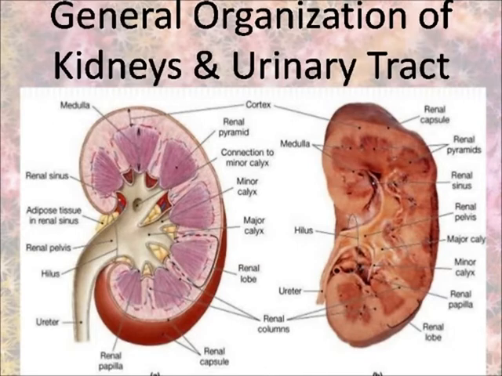The outer cortex contains many capillaries, while the medulla consists of renal pyramids separated by renal columns. Each pyramid contains minor calyces which unite to form a major calyx. Major calyces form the renal pelvis, which functions to collect urine and then transport it to the ureters.